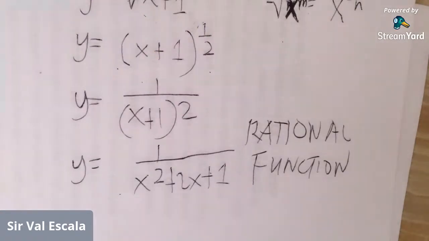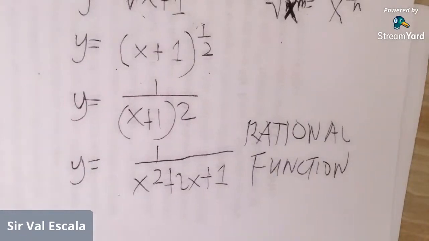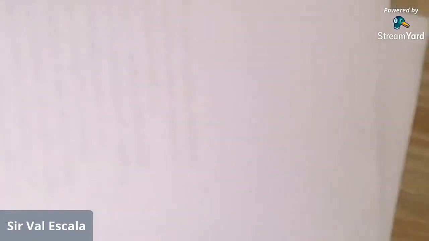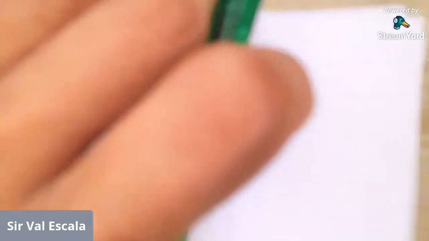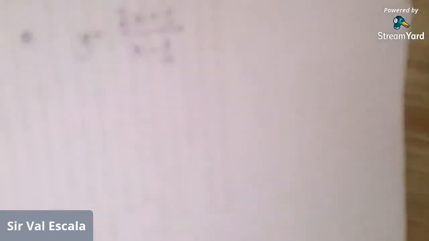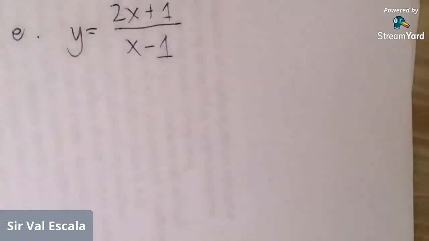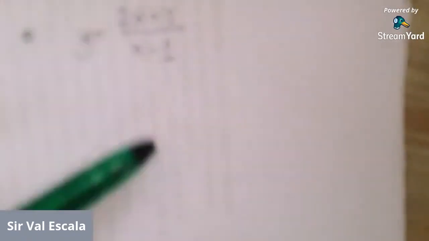So, it counts as a function. Okay, letter E: 2x plus 1 over x minus 1. May numerator and denominator tayo.